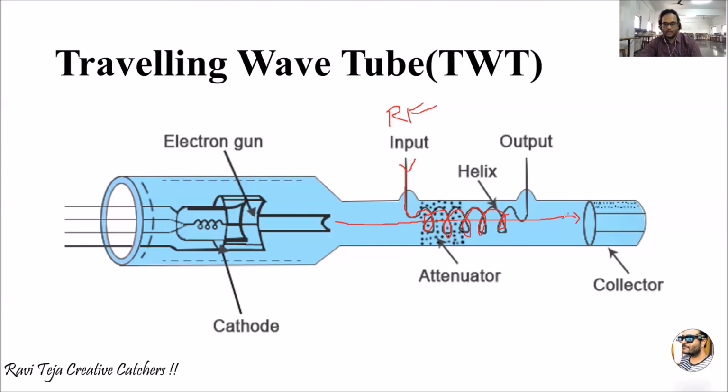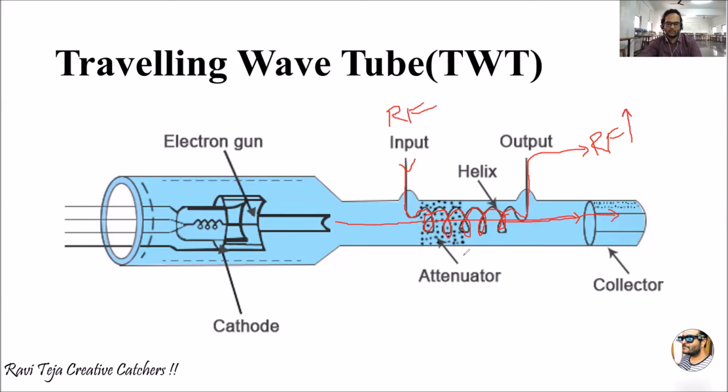So the RF signal coming through the output will be an amplified RF signal whose strength is very, very high. The remaining electron beams are collected at the collector end.